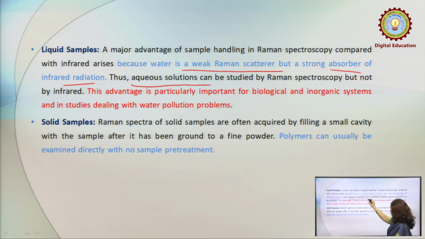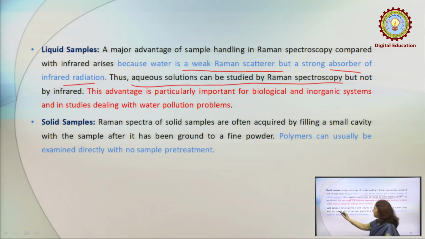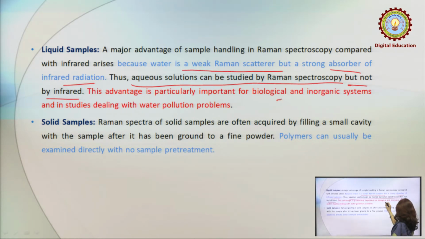The most important point is that aqueous solutions can be studied by Raman spectroscopy but not by IR spectroscopy, and this advantage is important particularly for biological and inorganic systems and in studies dealing with water pollution.